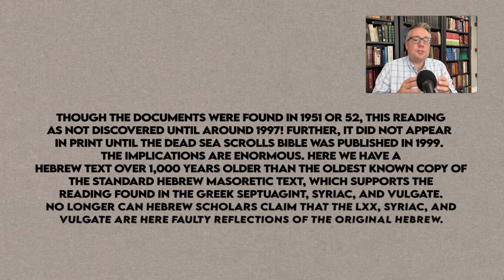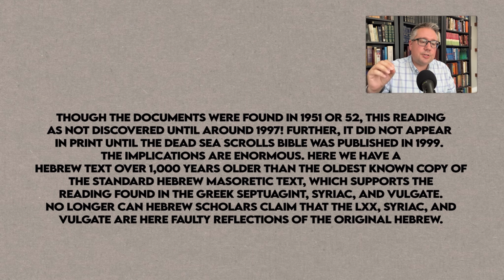The implications are enormous. Here we have a Hebrew text over 1,000 years older than the oldest copy of the standard Hebrew Masoretic text, which supports the reading found in the Greek Septuagint, Syriac, and Vulgate. No longer can Hebrew scholars claim that the LXX, Syriac, and Vulgate are here faulty reflections of the Hebrew Bible. And so there are complications about this.